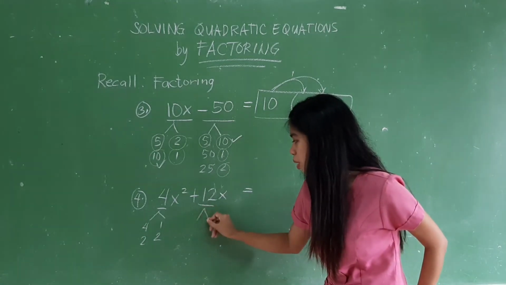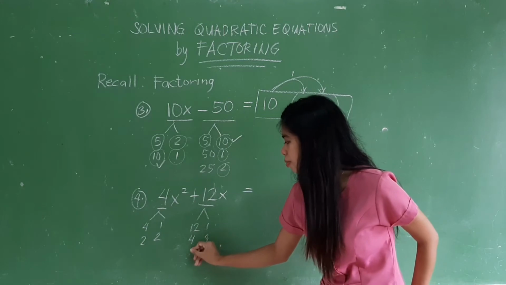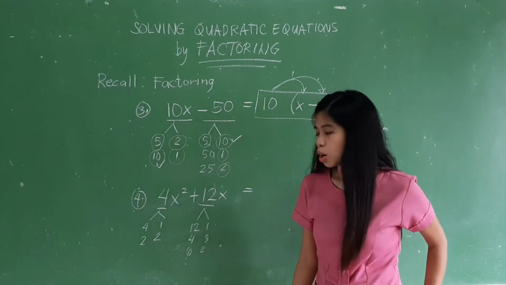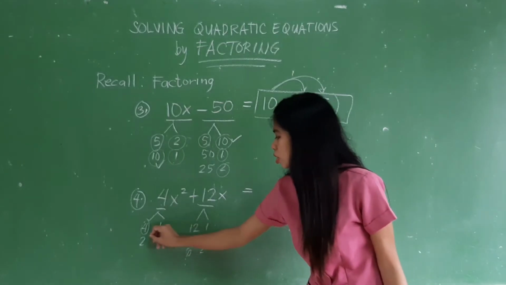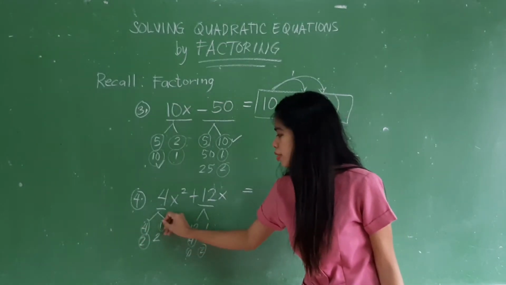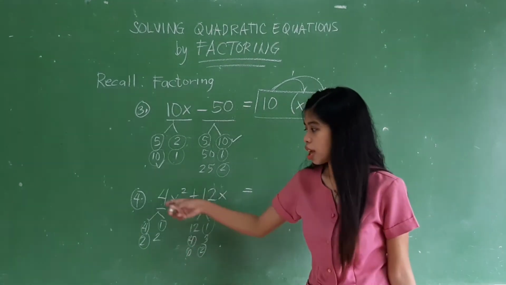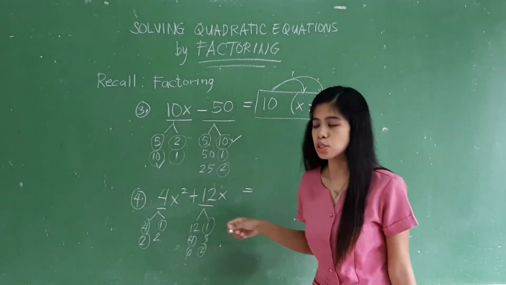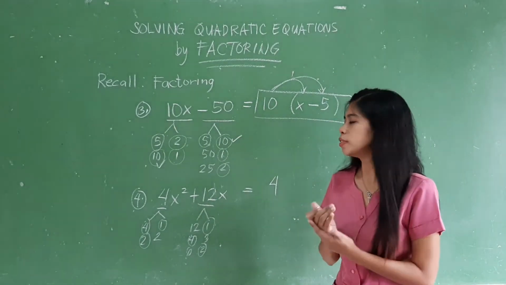And the factors of 12 are 12 times 1, 4 times 3, 6 times 2. Once again, there are a lot of factors. 4, 2, 1, and the highest among them is 4. Therefore, the common factor of 4 and 12 is 4. Okay? The highest common factor.